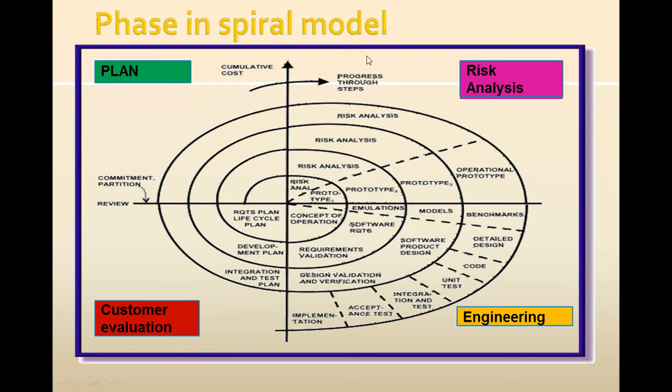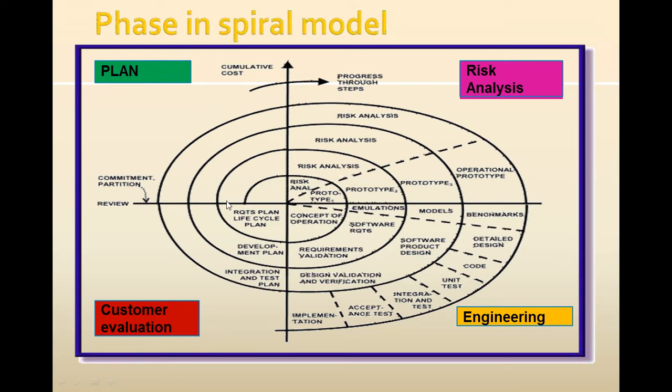Then after this phase, we come to risk analysis. In this risk analysis phase, you build some prototype. As I told you, there are prototypes, and in every phase, in every prototype, you are facing the risk.